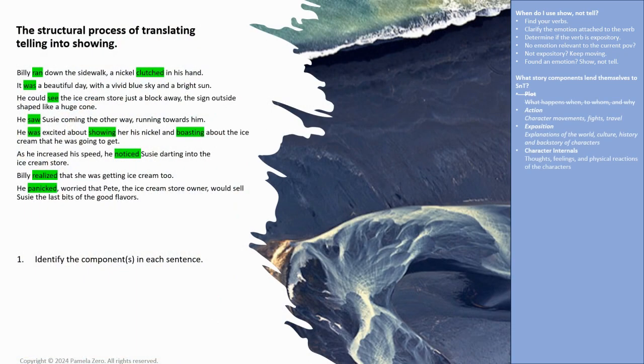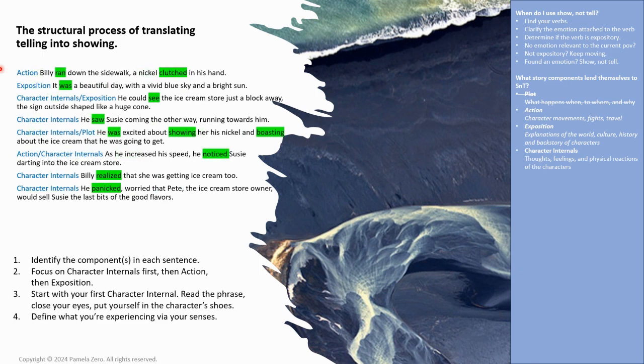So let's get into the structural process of translating telling into showing. We're going to want to use character internals as often as possible. Let's see. Identify the components in each sentence. What do I mean by that? So here we have the components in the sentences.